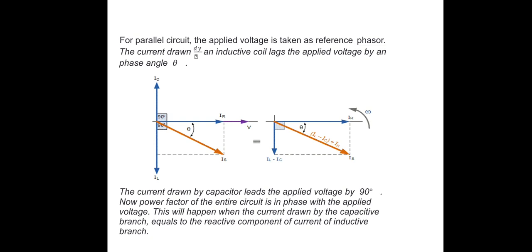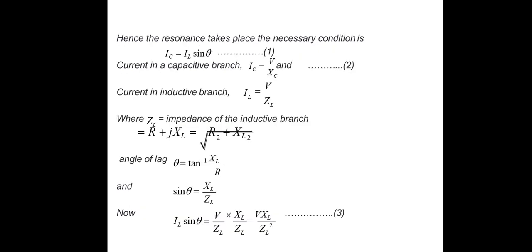Just observe that this is the current lagging in an inductor and the current leading in a capacitor with respect to the voltage. So here this is IL minus IC, which results in IS. Hence the resonance takes place. The necessary condition for this is IC is equal to IL sin theta. So the current in the capacitive branch, already know that IC is equal to V by XC, right?